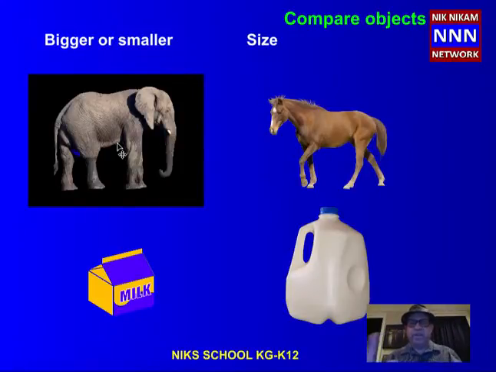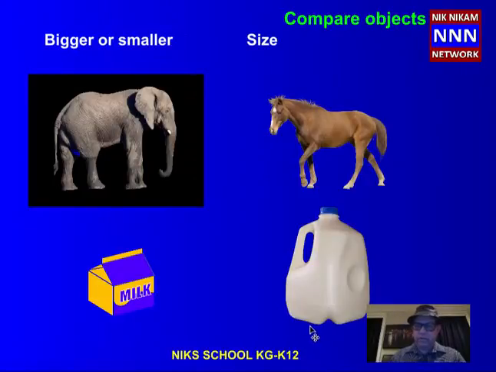Let's look at another example here. Here we have a milk carton, and here we have a gallon of milk in a jar, a plastic jar. Okay, which one is smaller? Oh, this is easy. The milk carton is smaller because look at the size of the milk carton. Look at the size of this 1 gallon milk container.